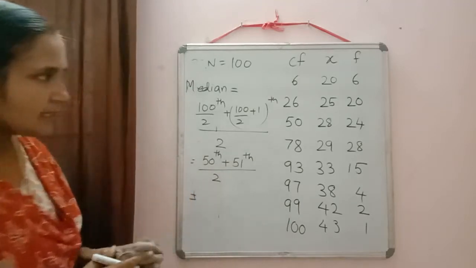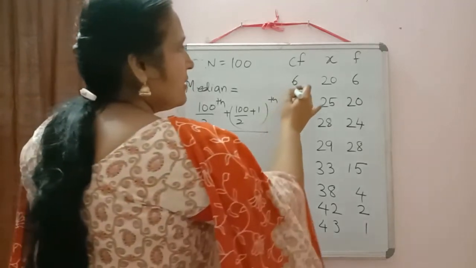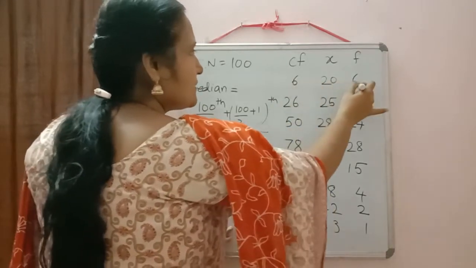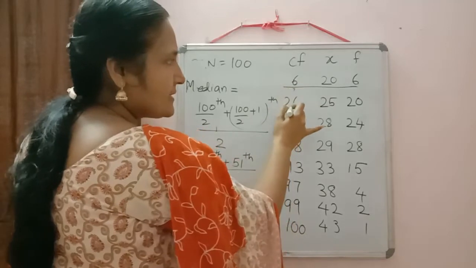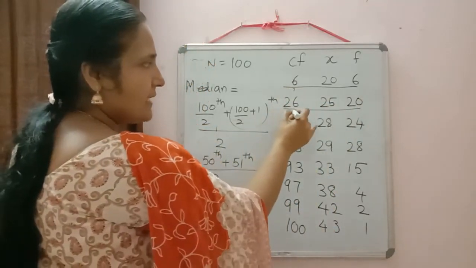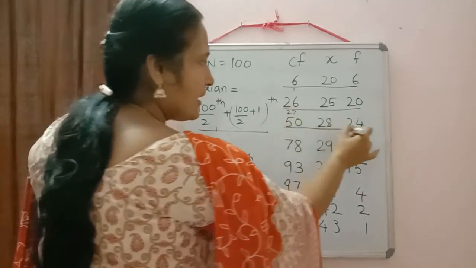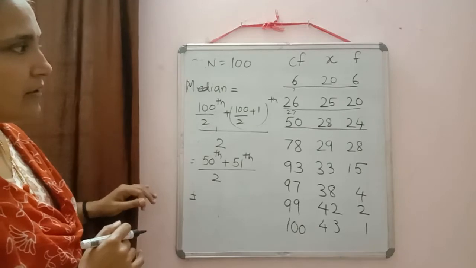So just to check in the question, what is the 50th term? Frequency of 6 is 6, so 6 numbers are there. After that, from 7 to 26, all values are equal to 20. Then from 27 to 50, all are equal to 24.